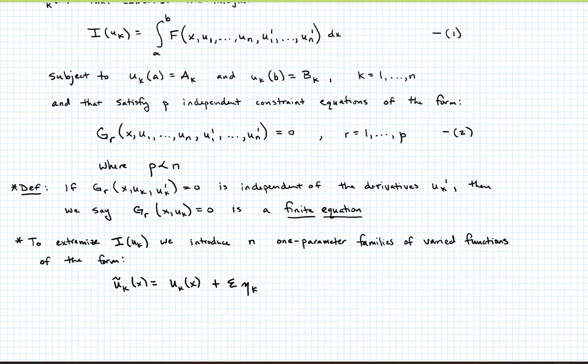Eta k is a variation, a function of x, with k going from 1 up to n. Let's call this equation 3.